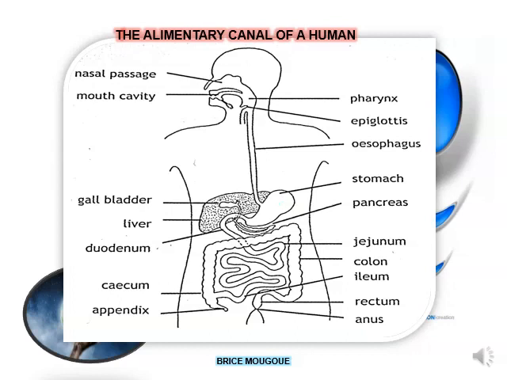Now, the stomach is like a sack, a bag that lies in the abdominal cavity, just above the diaphragm. When we look at gaseous exchange, we'll talk about the diaphragm.